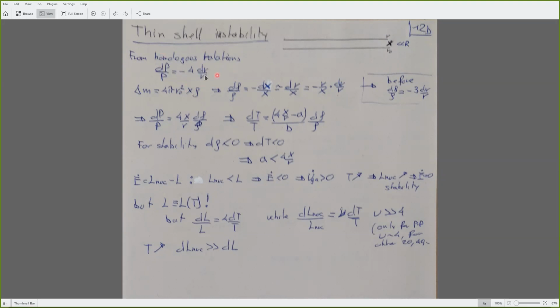For the homologous relation, we have that the variation of P on P depends on minus 4 times the variation of the radius.